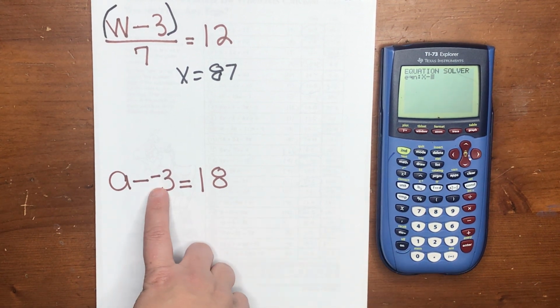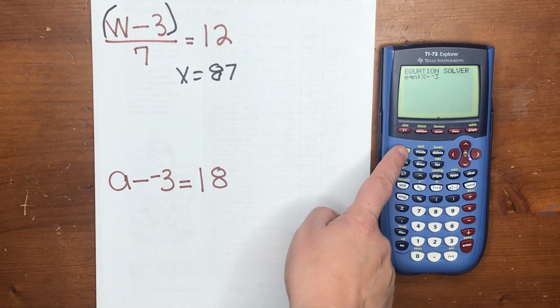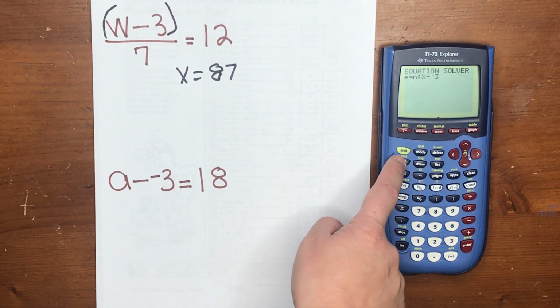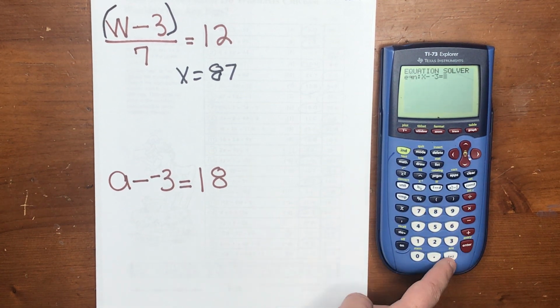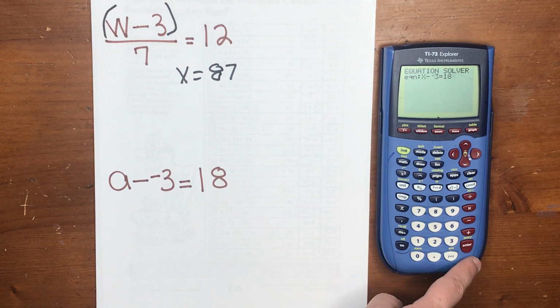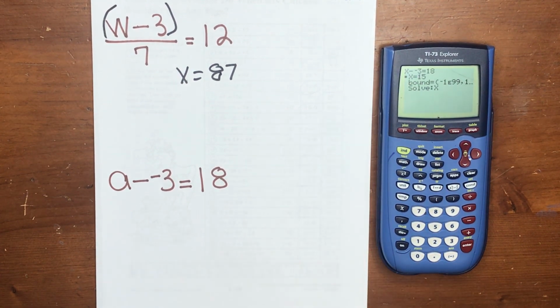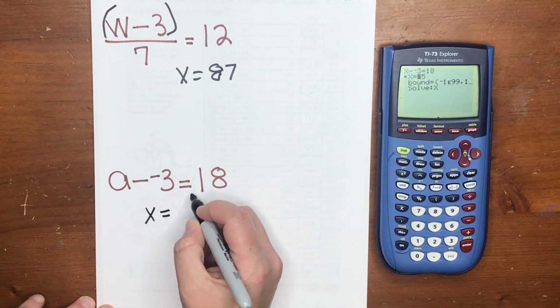So we've entered our minus, now we need our negative 3. So negative 3 equals, so second math. Scroll down to equals, scroll down to done, and put in 18. You're going to hit enter 4 times. Watch for your dot to pop up. And this one is x equals 15.